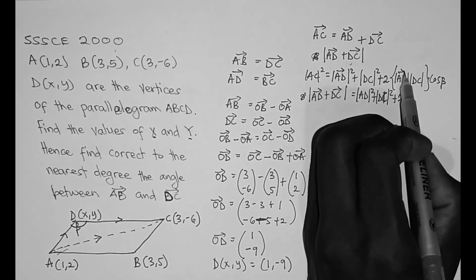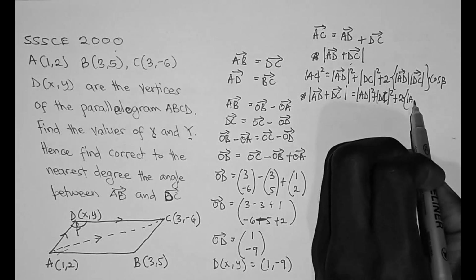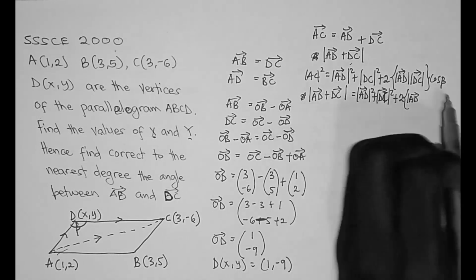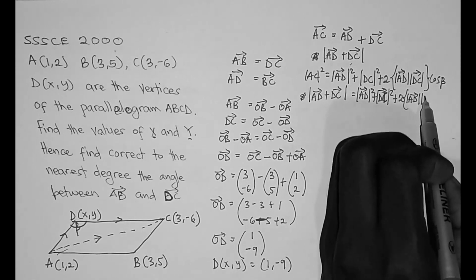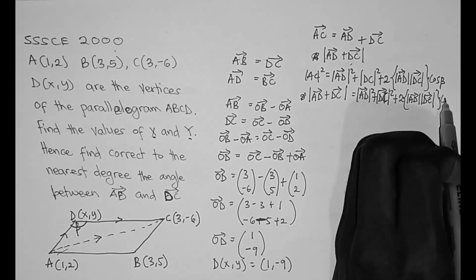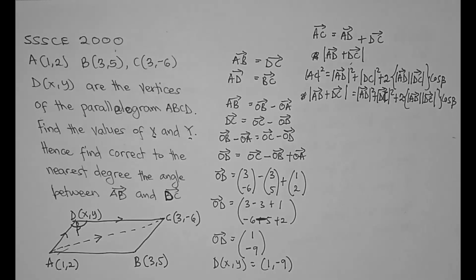So these are vectors, vector AD. So let me bring the vector sign, then times vector DC, then cos the angle between them, which is beta.